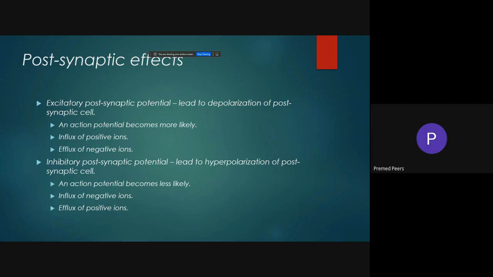That makes an action potential more likely. Remember, we have to hit that threshold of negative 55 millivolts. Back at the beginning, where I said I'd show you what caused that initial impulse, this is what caused it. If it's strong enough, which usually means if we have enough of these at once, or if it's a particularly important neuron, then we will hit that negative 55 and we will cause an action potential.